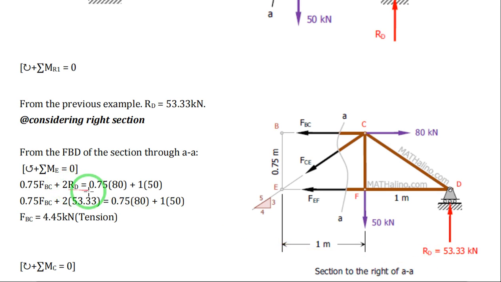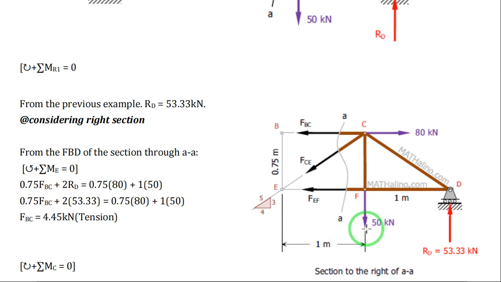So 2 RD equals 0.75 times 80, since the 80 kilonewton will create a clockwise moment about point A, the rotation of your 80 kilonewton load, and then plus 50 times 1.